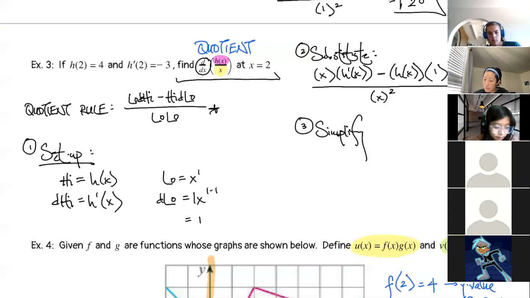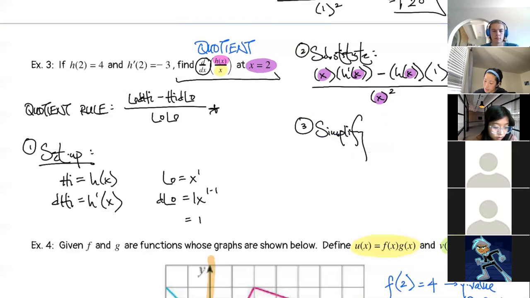Now the last piece that we need to consider to finish this problem is, what value of x am I going to use? In this case, they want you to find the slope at x equals 2. And so everywhere we see the x, we're going to replace that with a 2.